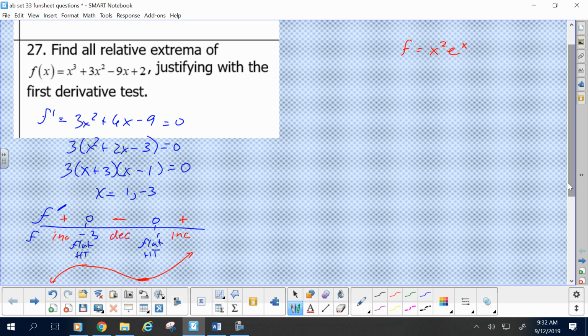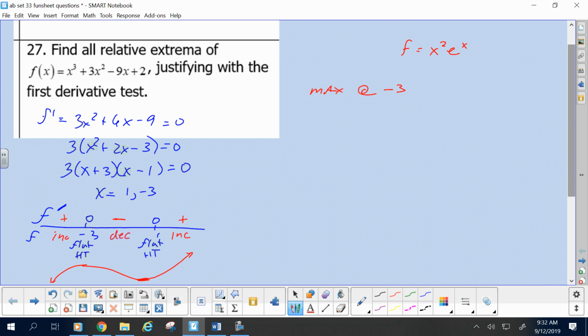Now our conclusions. Is it okay then to say max at negative 3? No. It depends on if you want to do all that work for no pay. It's like when you go to work all day and then you forget to punch in, you get 0 pay. Same goes here. If you do all that work and you write the conclusion that way, you get 0 points for that problem.